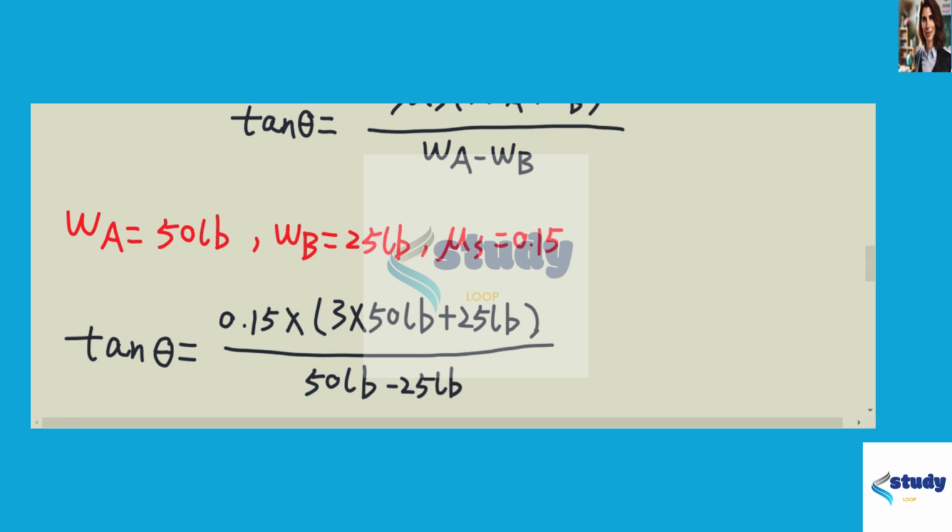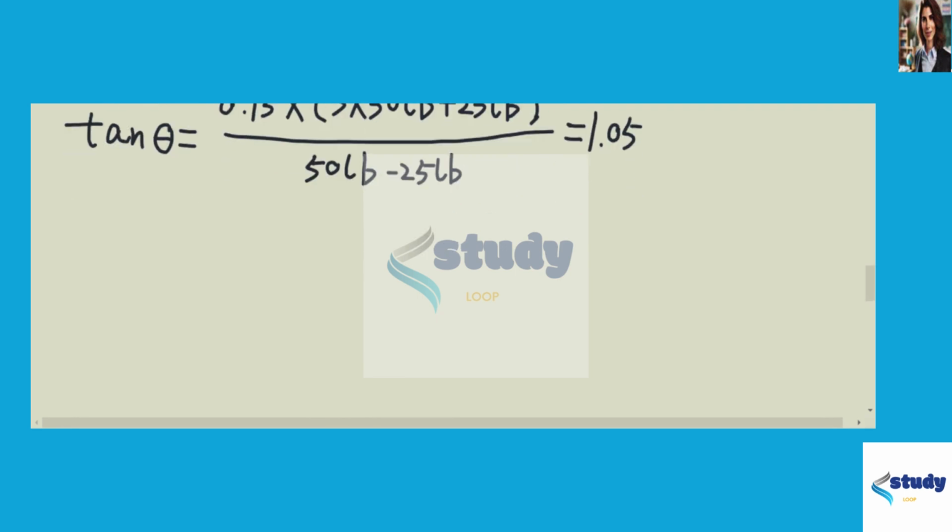This will give us tangent theta equal to 1.05. Therefore, we can determine the angle: theta is equal to inverse tangent of 1.05, which is tangent to the power negative 1 of 1.05. This will give us the angle equal to 46.4 degrees. And this is the answer for this question.